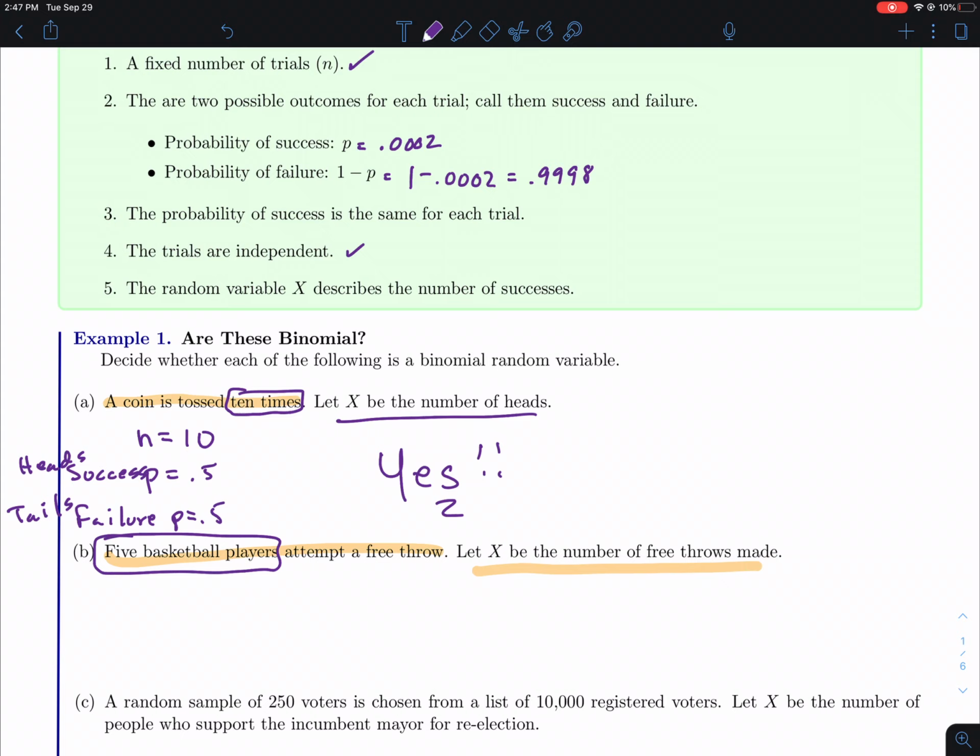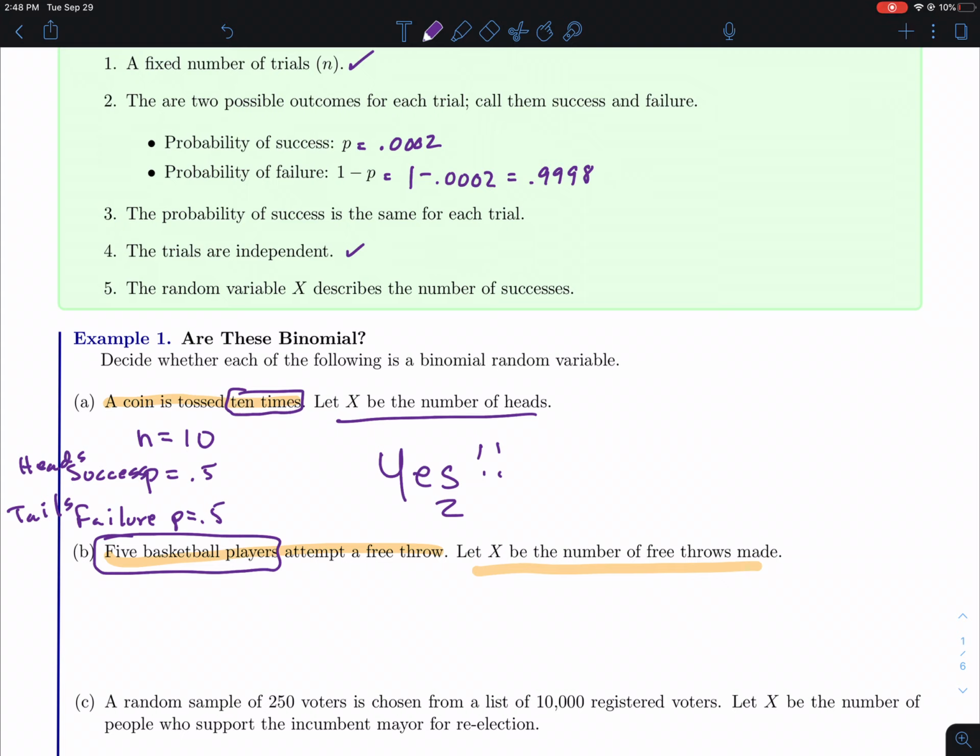And so it could be that the 5 different players have different percentages for their free throws. Like maybe player 1 has a 90% success rate of making free throws, but player 2 might have a 47% success rate. So the fact that each player could have a slightly different percentage makes this no good.